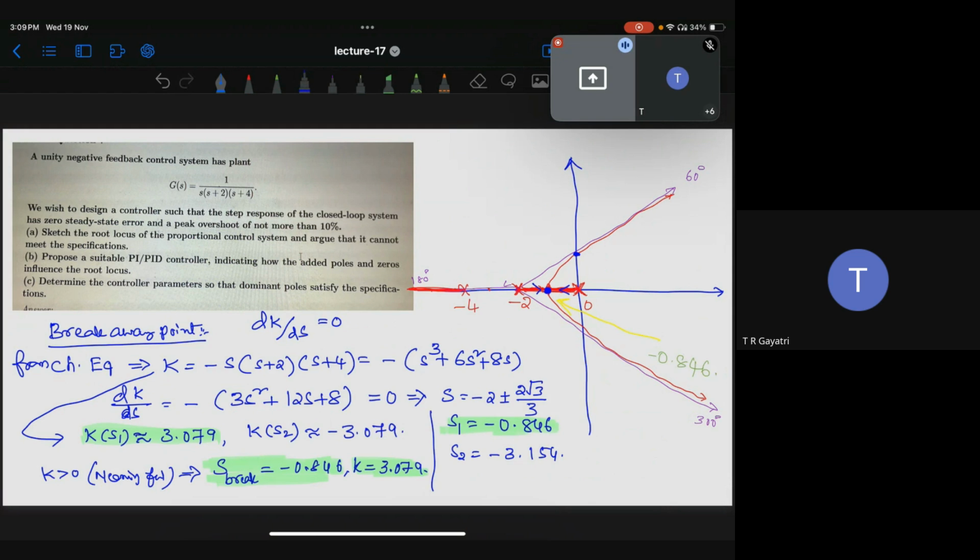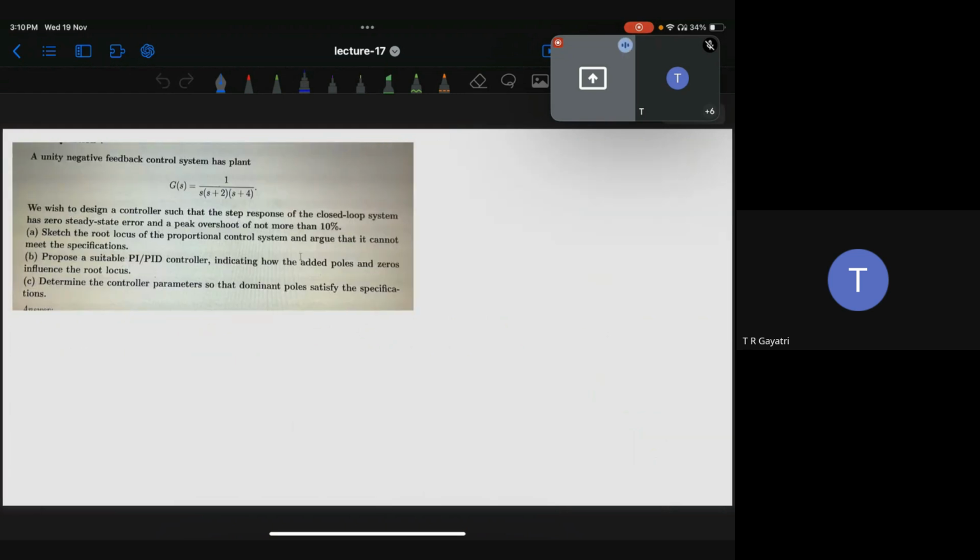Now the question is, what is this j omega cross point, where this root locus crosses the j omega axis? For that, let us consider the characteristic equation again: s cube plus 6s square plus 8s plus k equal to 0. In this, substitute s equal to j omega.